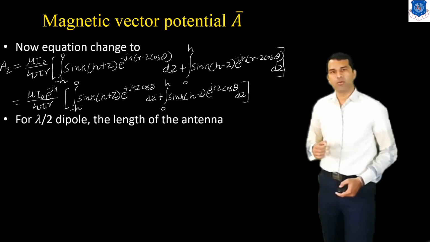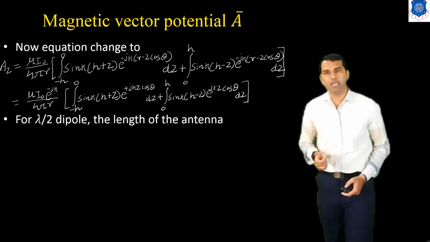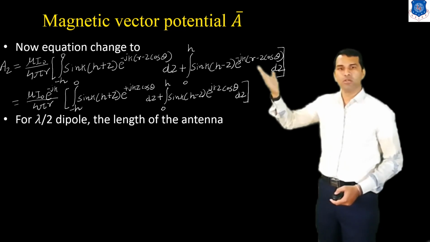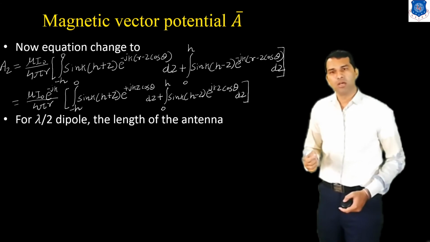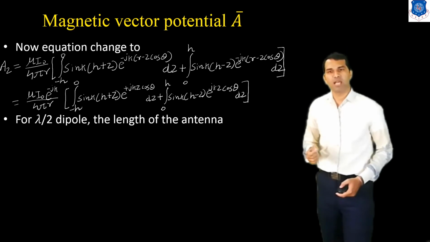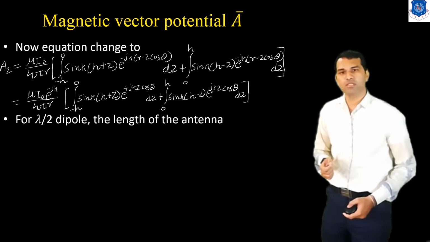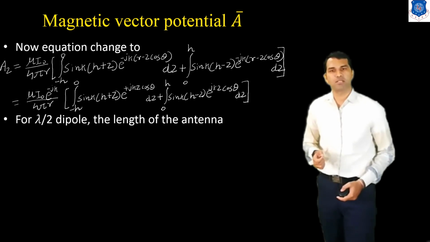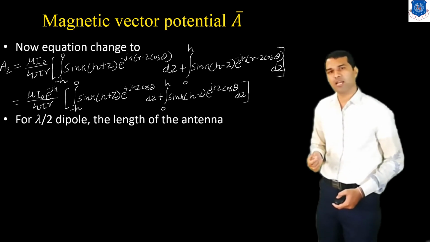So we take mu I0 e raised to minus jkr over 4 pi r as common, and put the remaining terms: the integral from minus h to 0 of sin k(h plus z) e raised to jkz cos theta dz plus the integral from 0 to h of sin k(h minus z) e raised to minus jkz cos theta dz.